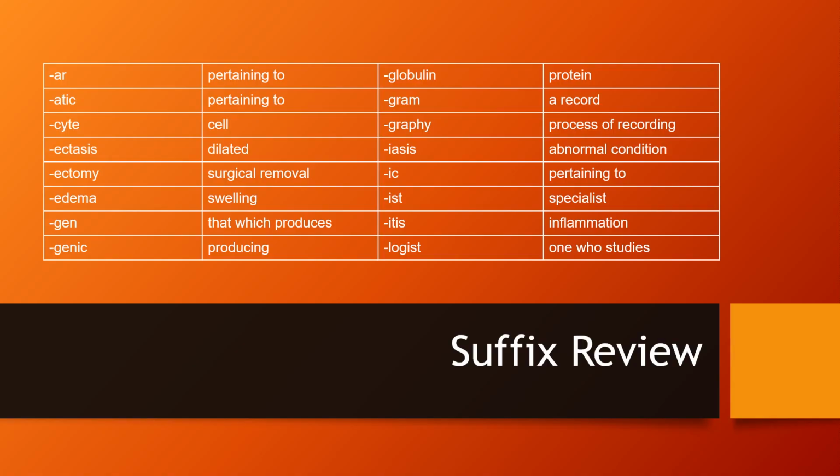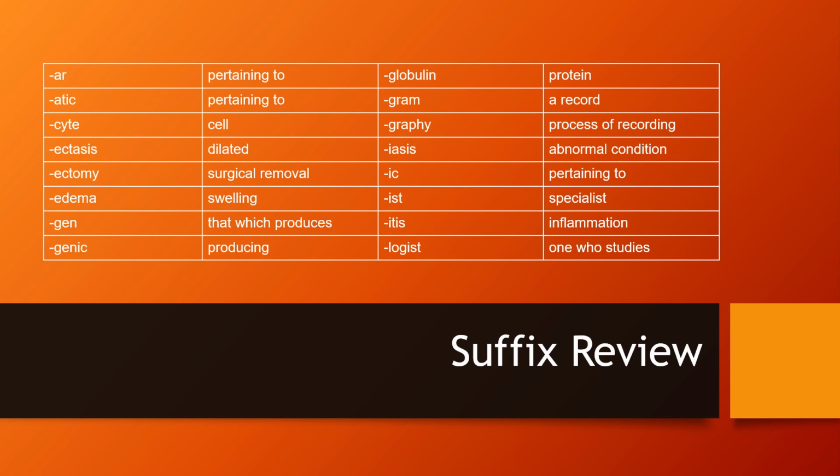Okay, and let's again review some suffixes that you learned in Chapter 2. Ar, pertaining to. Ic, pertaining to. Cyte, cell. Ectasis means dilated. Ectomy, surgical removal. Edema, swelling. Gen, that which produces. Genic, producing. Globulin is a protein. Gram, a recording. Graphy is the process of recording. Iasis, an abnormal condition. Ist is a specialist.